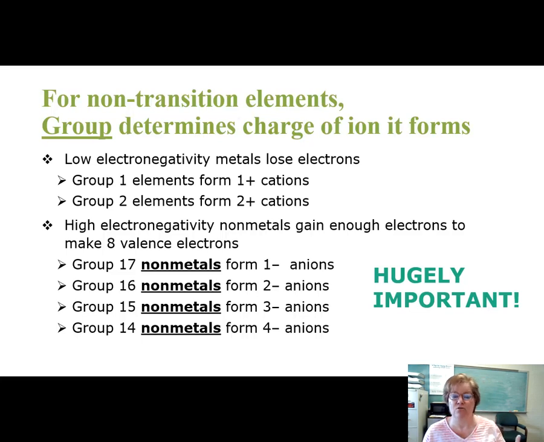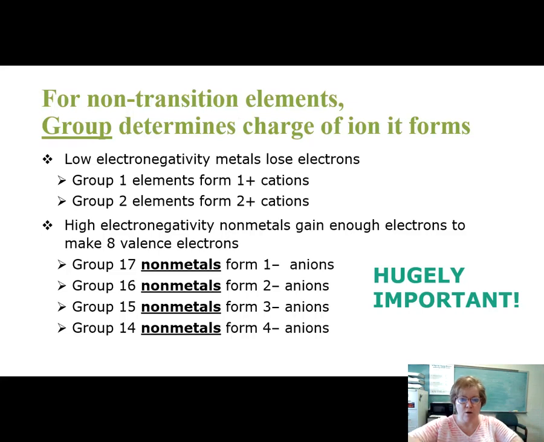Meanwhile, the high electronegativity, high electron affinity nonmetals, in groups 13 through 18, are going to gain enough electrons to end up with 8. So group 17 will make -1 ions, group 16 will make -2 ions, group 15 will make -3 ions, group 14 will make -4 ions, and pay close attention to the fact that I've underlined nonmetals.